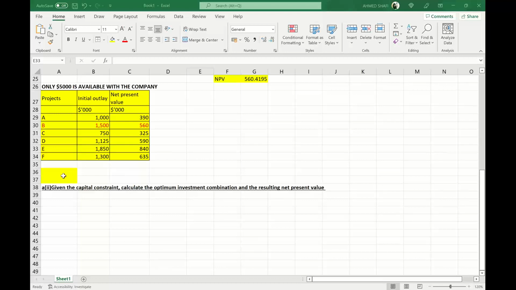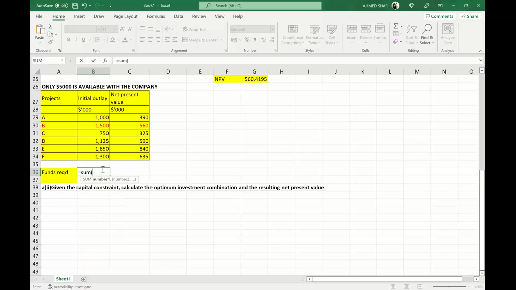How? There are 6 projects under consideration A, B, C, D, E, F. All have positive NPV. So basically, the liking would be that we should opt all projects. What do you think? If there are 6 projects, all having positive NPV, we should opt all. But just check here: project A requires funds of 1000, then B requires 1500, C requires 750, D requires 1125, E requires 1850, F requires 1300.